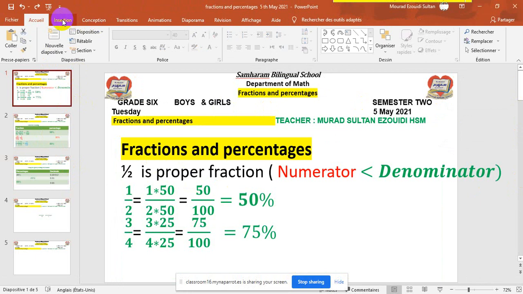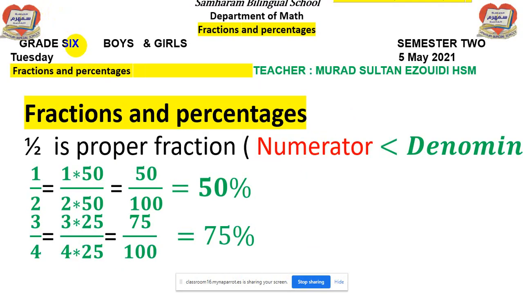Diploma conception, this one. So we told that today is 5 May 2021. Okay, grade 6 girls. Today we have girls. Okay, girls.